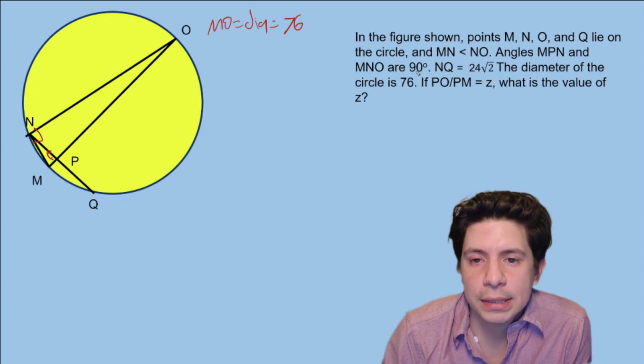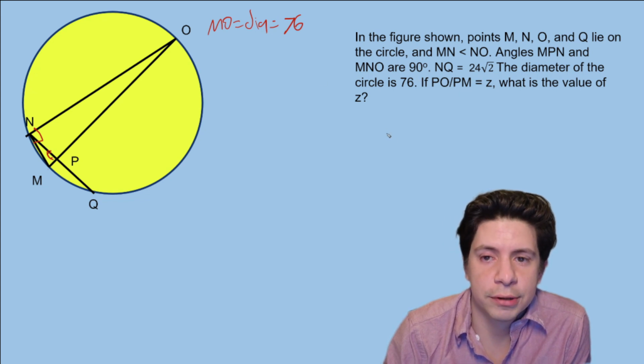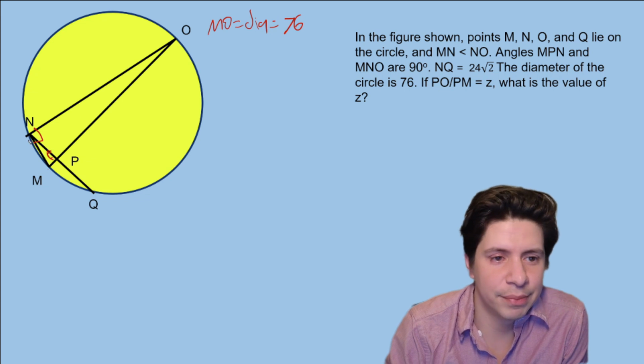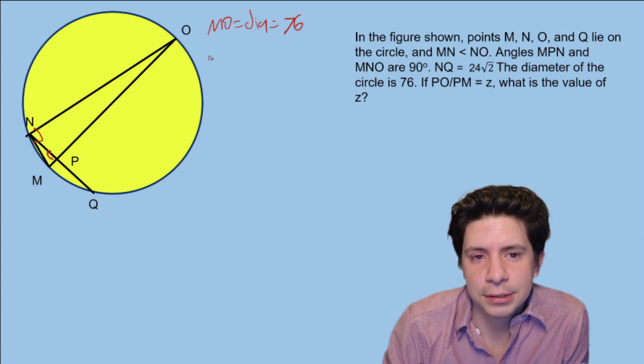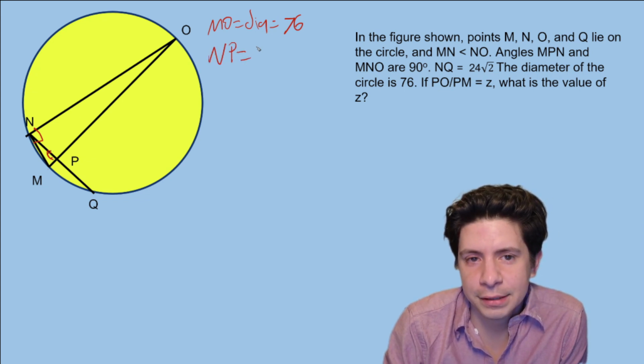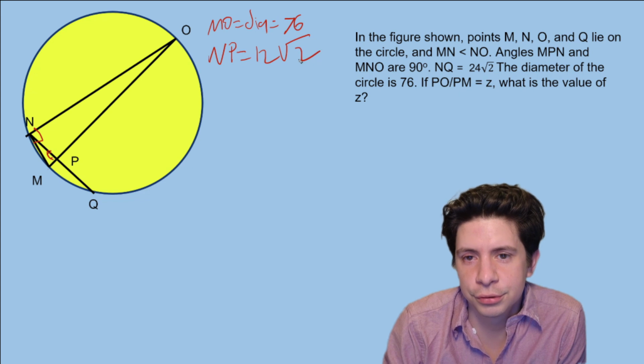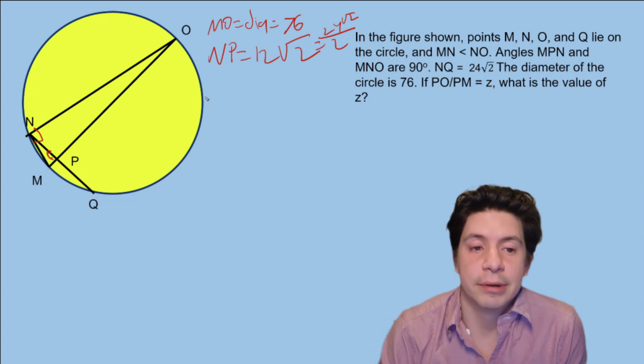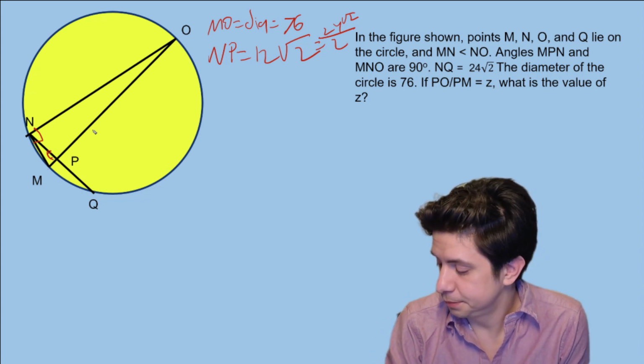So now what is NQ? It's 24 root 2. So NP, because these are perpendicular, means the diameter bisects it. That's another rule. So NP equals half of it, so it's going to be 12 root 2, because it's 24 root 2 divided by 2. Okay, so now we have 12 root 2 for NP.